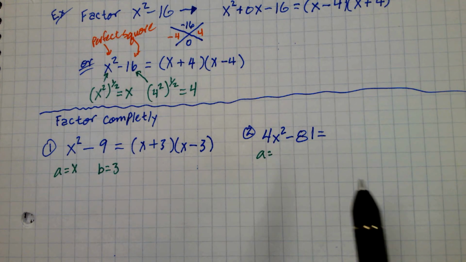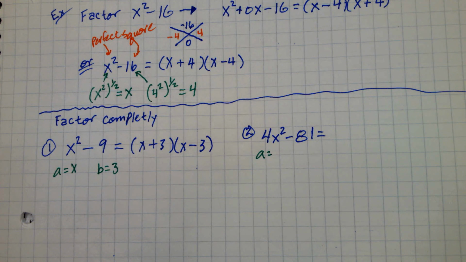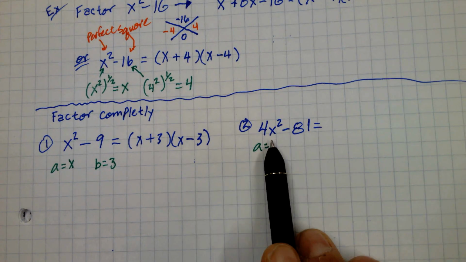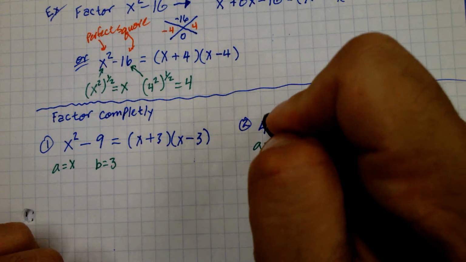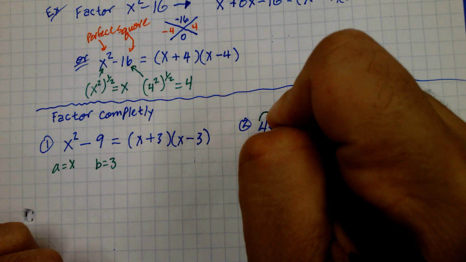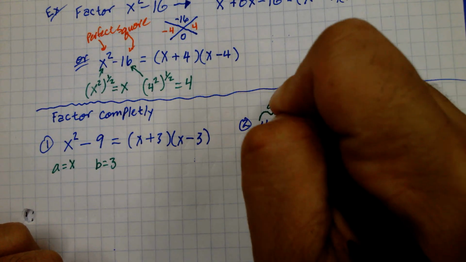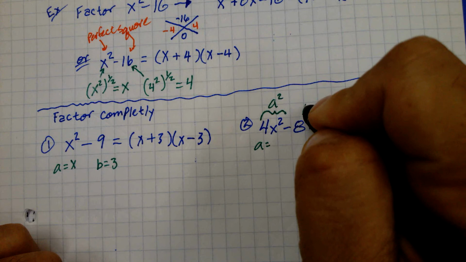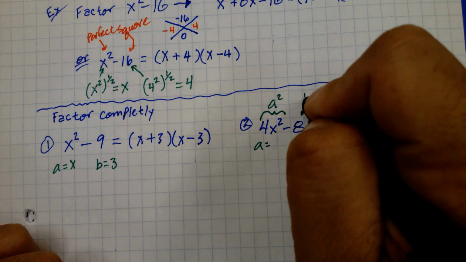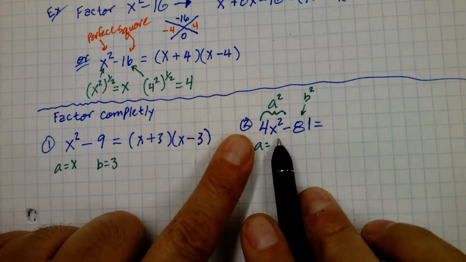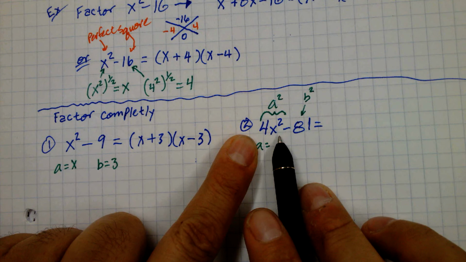A could be more than one thing. That's the part you've got to keep in mind. So this whole thing is a squared, just like this is b squared. My whole a squared value is 4x squared.